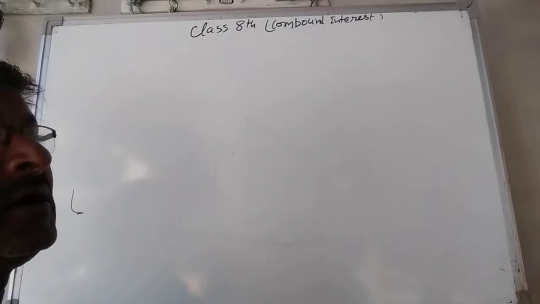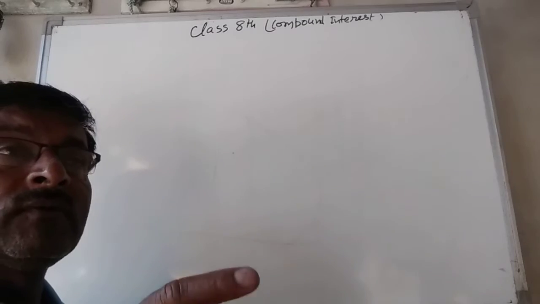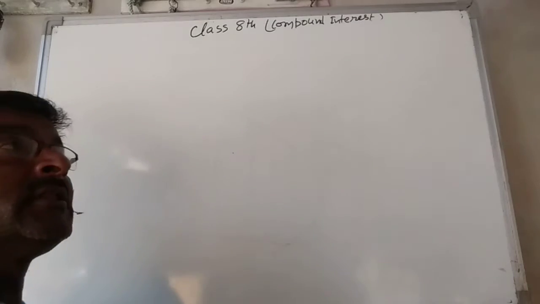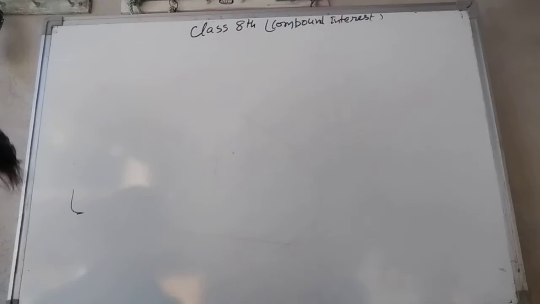On the other side, the present population works as the amount when the population of 1 year or 2 years ago is asked in the question. So we will consider this type of question here.